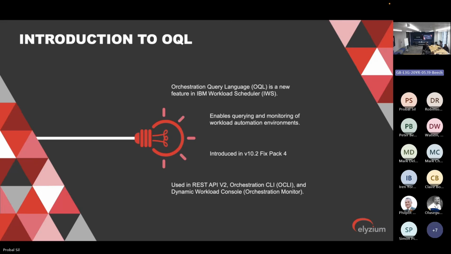The documentation states that you can use it with OCLI. You can't, not yet. That's coming in the future. So when you look at the documentation and it says you can use OQL with OCLI, if that's not too many acronyms for you, it's not there yet, but it will be. So it enables you to query your workload automation environment.